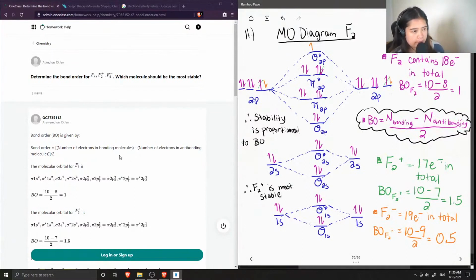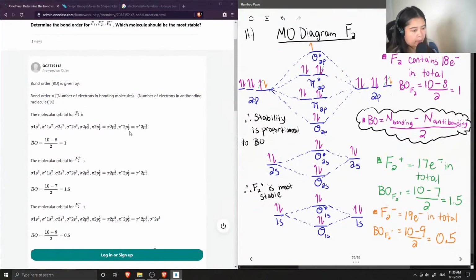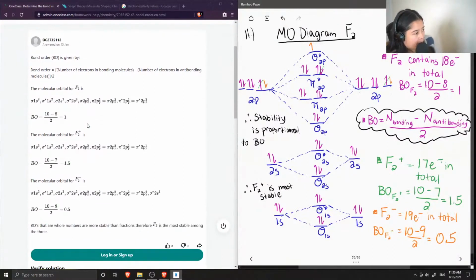So now let's see what the junior tutor said. Bond order is given by the number of electrons in bonding molecules minus the number of electrons in antibonding divided by 2. And they tried to write out the molecular orbital for F2.